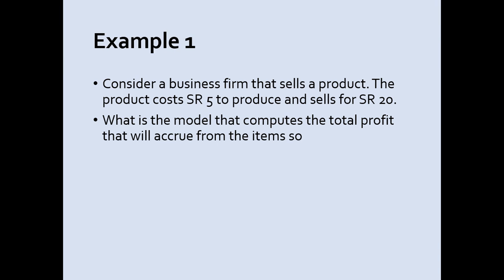You have to create a model that computes the total profit. It is a very simple problem. You already know that the profit is 15, but we have to create a model so that we can change the number and the result will still hold. So, what is the main variable in this?